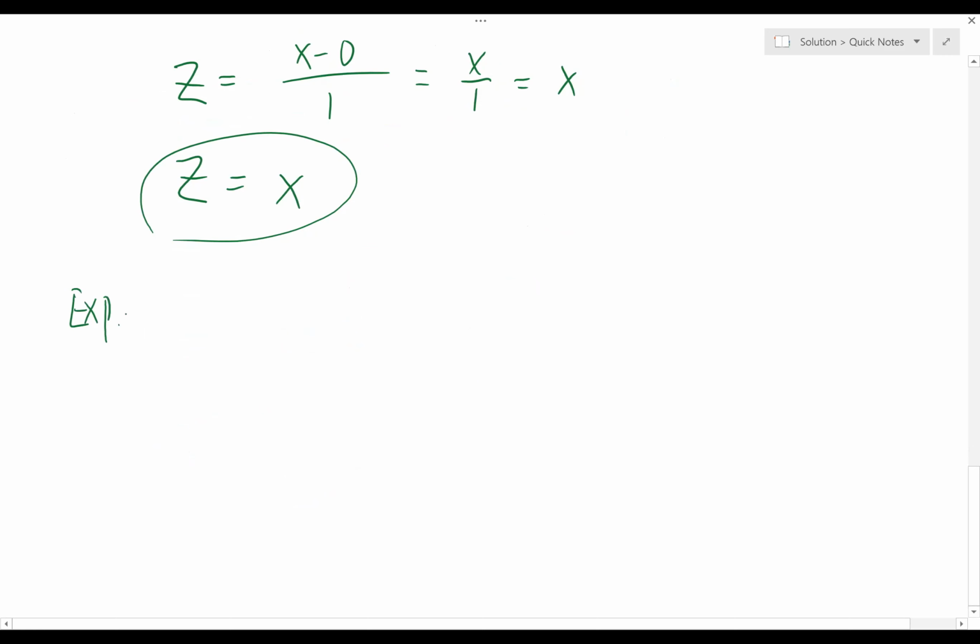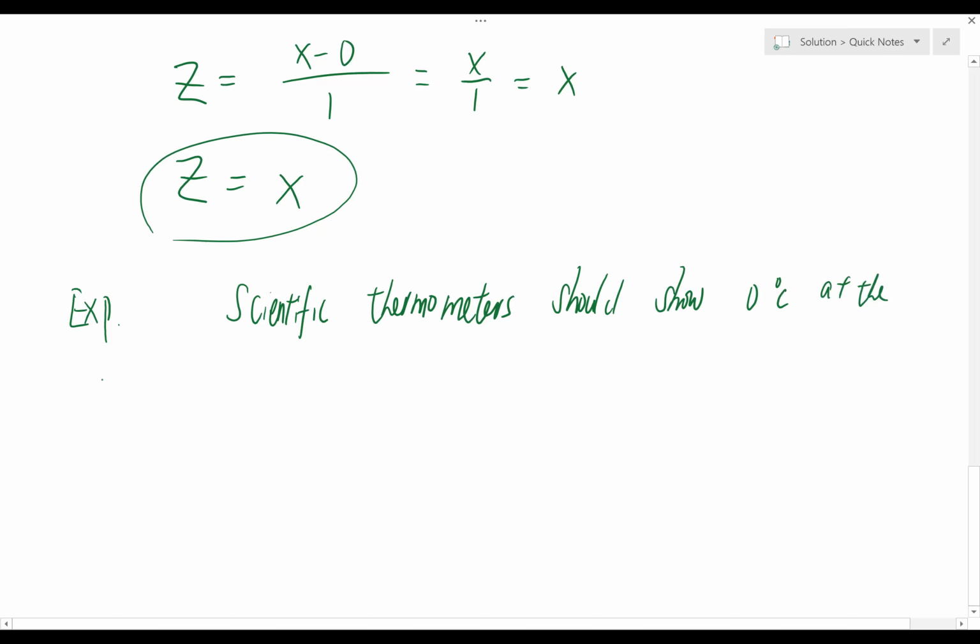Let's assume a scientific thermometer shows 0 Celsius at the temperature at which water freezes, the freezing point.